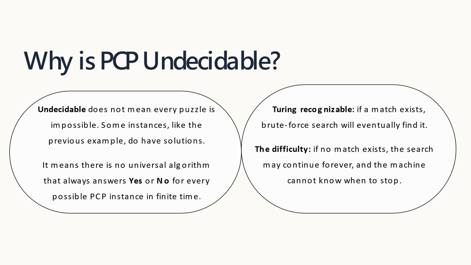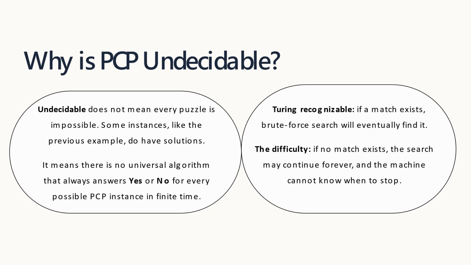Now, why is PCP undecidable? This brings us to the key idea, undecidability. Undecidable does not mean every individual PCP puzzle has no solution. As we saw in the previous example, some puzzles are solvable. Instead, undecidable means that there is no single algorithm that can examine every possible PCP instance and always halt with the correct answer.